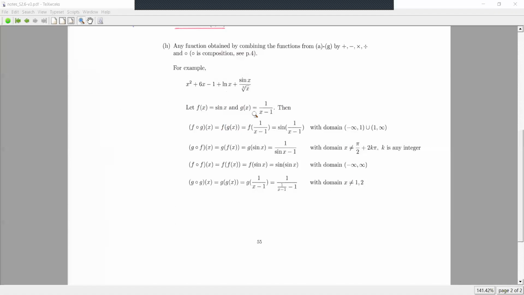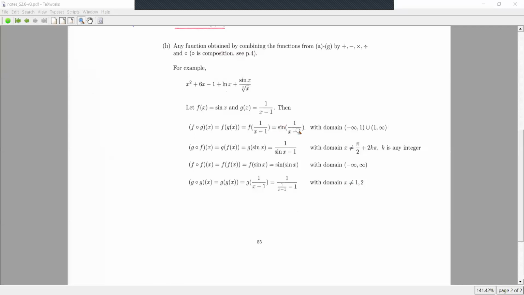Because g of x is 1 over x minus 1, so we have this equation. How to get f of 1 over x minus 1? In this equation, replace the 2x by 1 over x minus 1. Then we have this equation. This function is f composition with g.